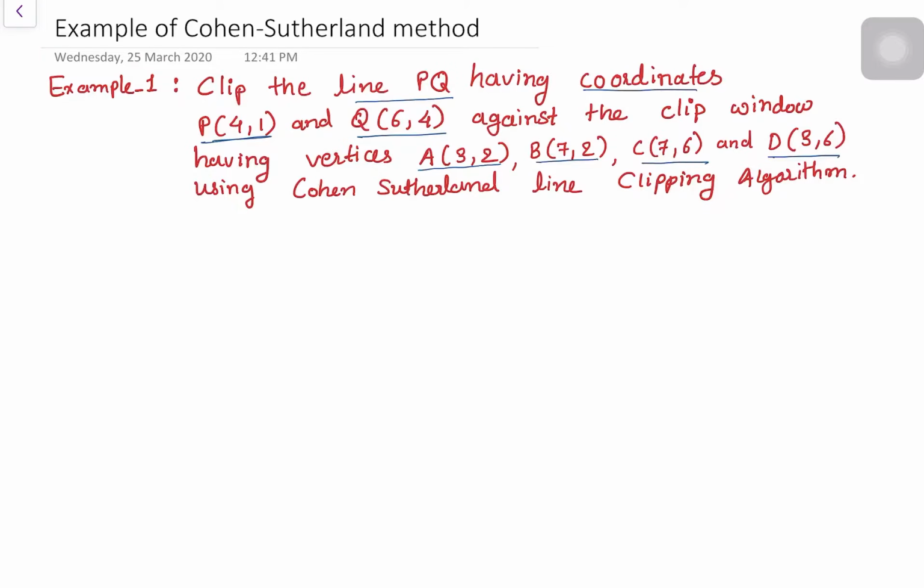So first of all, write what is given, that is the PQ coordinates. So P is equal to (4,1) and Q is equal to (6,4). This will show the x-axis and this will show the y-axis, x1, y1, or you can say x2, y2.